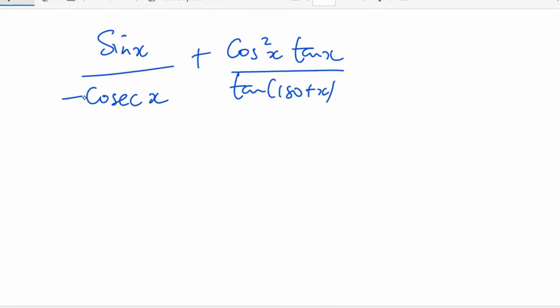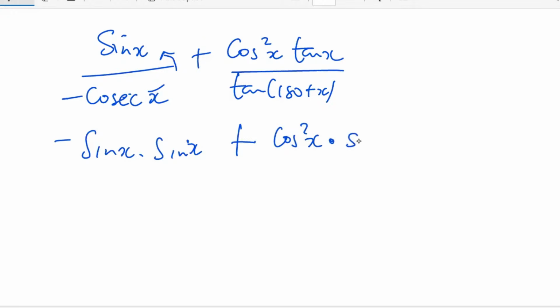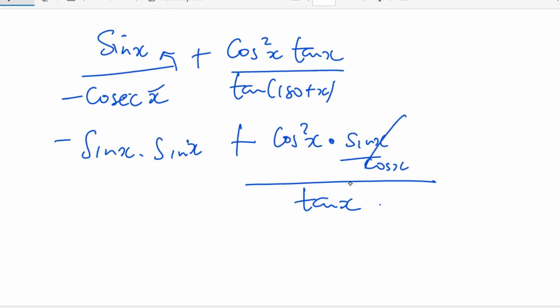Okay, so we know that 1 over sine gives us cosec, so I'm going to take this thing back so that it is sine x multiplied by the sine x plus that's cos squared x, which is sine x over cos x. Why did I even divide? I'm supposed to cancel this. Okay, let's just cancel that and that together.